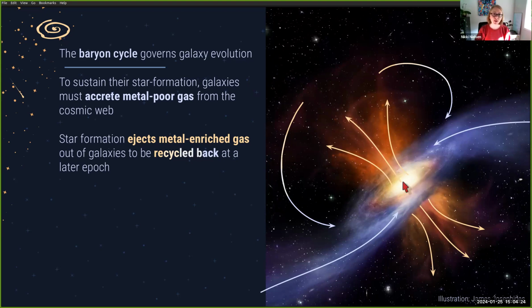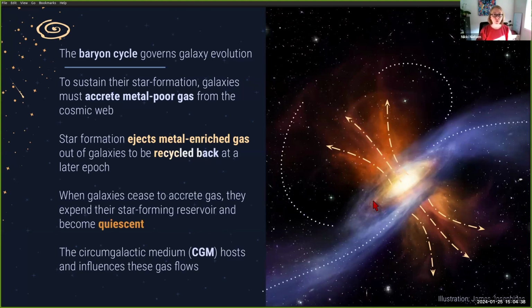And then that star formation in the galaxy ejects metal-enriched gas along the minor axis, where that gas can then later fountain back onto the galaxy to form new stars and continuously build up the mass in galaxies. At some point, the galaxy will stop accreting all of that new material, and it will use up all of its star-forming reservoir and become quiescent.